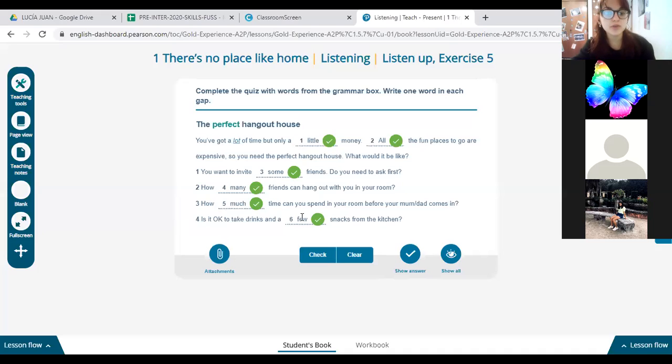So we say a few and not a little because snacks is countable. It's plural countable. But since we are asking for permission, it makes more sense to say a few and not a lot of, right? Good. Is it clear? Are there any questions? I'll give you 2 minutes for you to write it down.